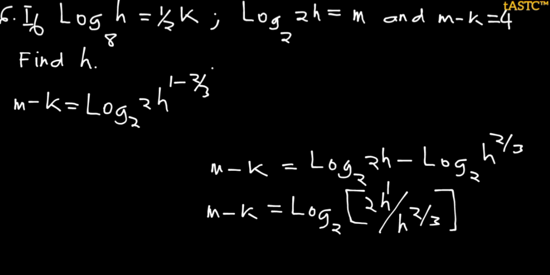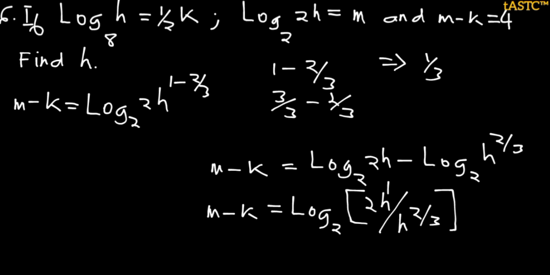Here now, if we have 1 minus 2/3, this is the same thing as 3 divided by 3. So 3 minus 2 should leave us with 1/3. So that will be m minus k, and that will be equal to log to the base 2 of 2h to the 1/3.